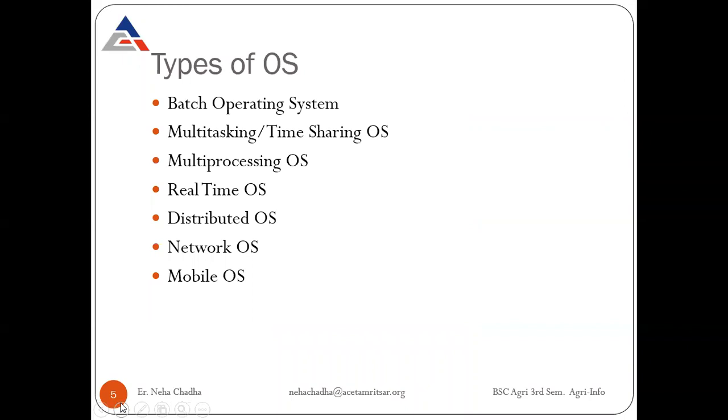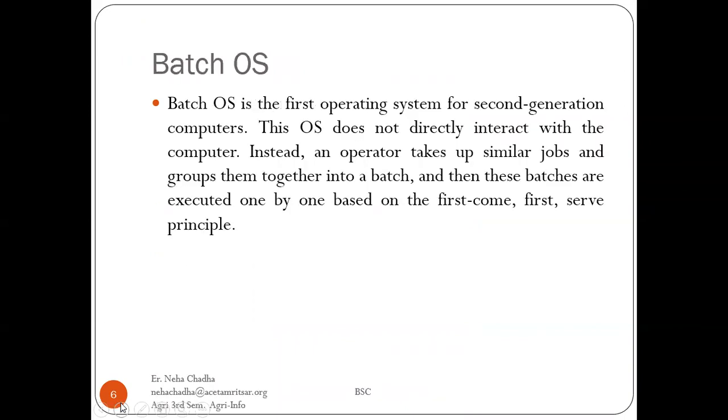The following types of operating system are available. First is the batch operating system. This is an old operating system that was used previously. Batch operating system was the first operating system for second generation computers. Now we are in the 10th or 11th generation computer, but it was in the second generation computer.